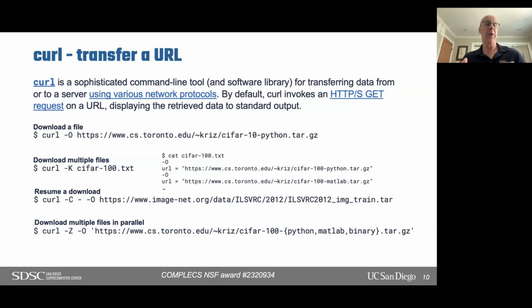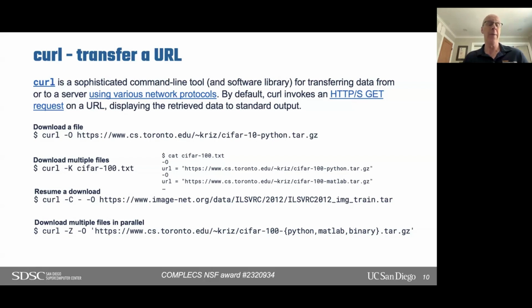So for example, if I do a curl -O https:// etc. through cifar-10-python.tar.gz, I'm going to end up with a file cifar-10-python.tar.gz.